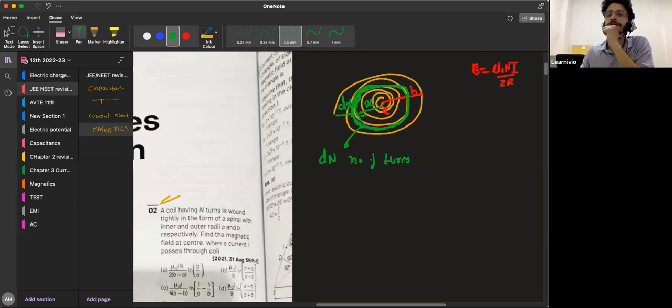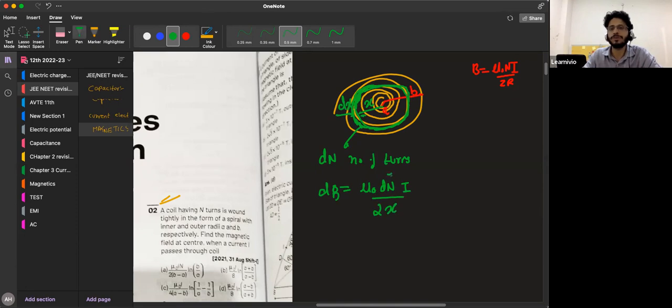So can you tell me the magnetic field at the center? Expression of magnetic field at the center of the coil. If I take a circular coil only, with radius x, what will be the expression for magnetic field at the center? Mu naught dn I divided by 2x.